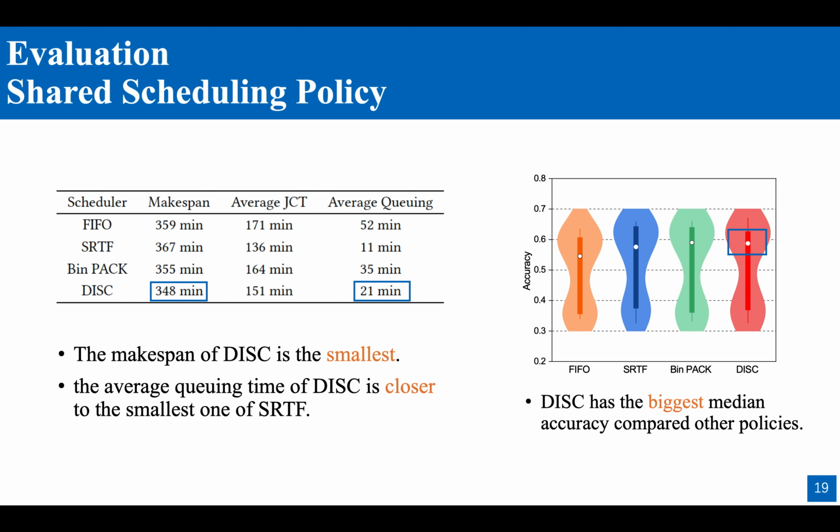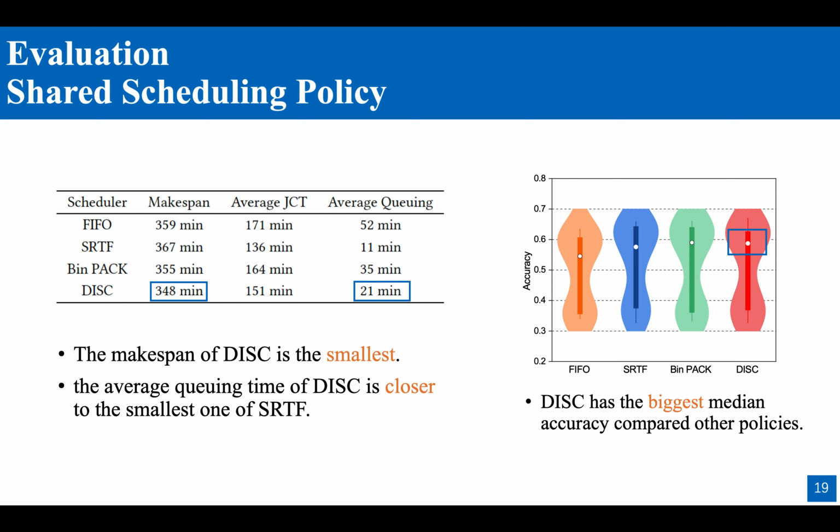We also compared the relaxed pack scheduling policy in DISK with 3 popular scheduling policies: FIFO, SRTF, and BIMPACK. The left table shows the trace-based experimental results on the completion time of the 4 scheduling policies. The max span of DISK is the smallest.